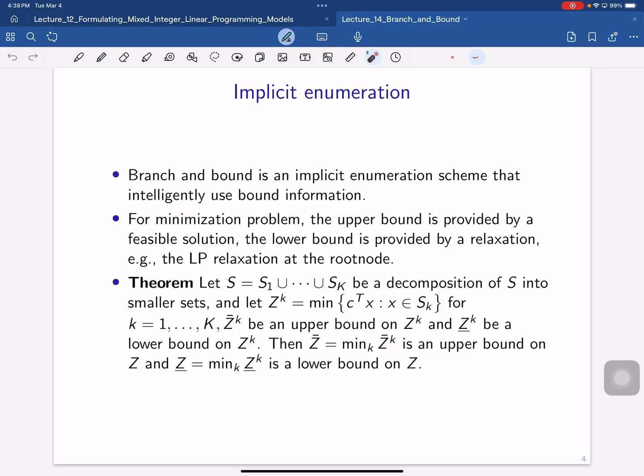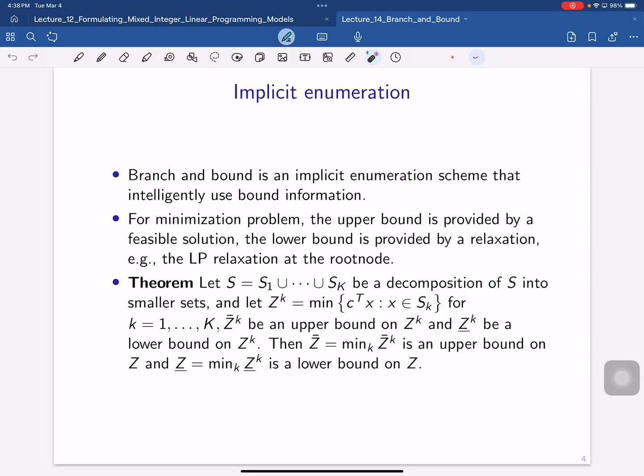Why is this the case? Yes? It should have the lowest offset for your actual solution, since it's the minimum. Yeah, something like that. Because all these upper line Zk is a feasible solution of the original problem.